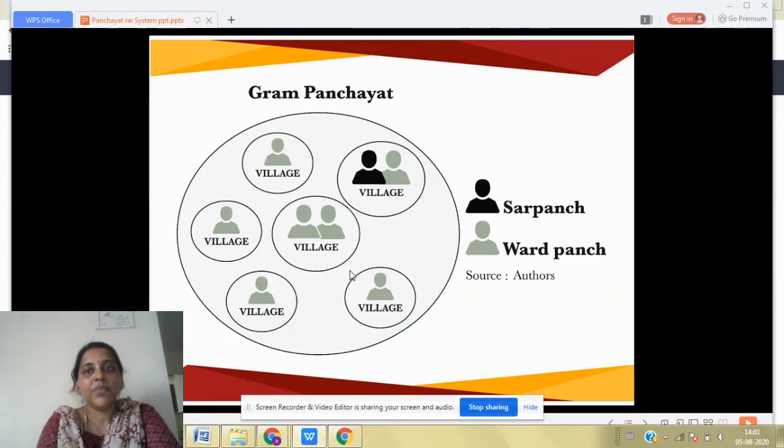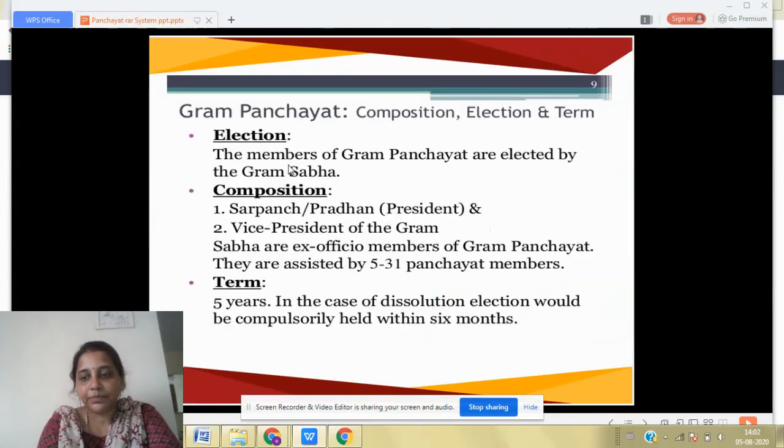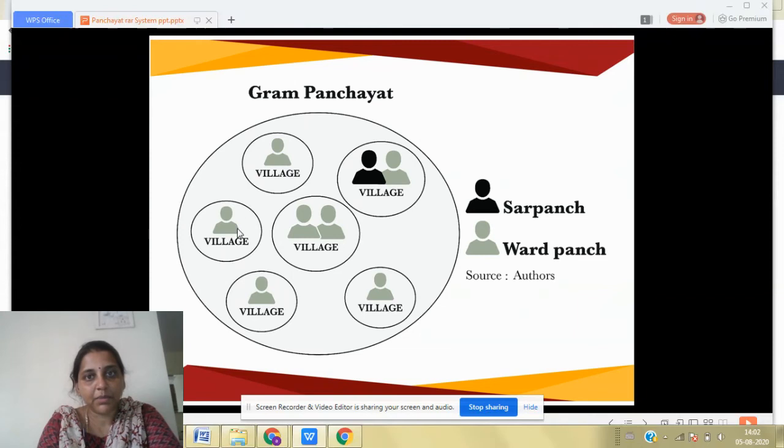All the people at this level have a Gram Sabha. In this, they select a ward member, and all these five become the panch. And from these villages they elect one Gram Sarpanch, who is called the head of the Gram Panchayat.